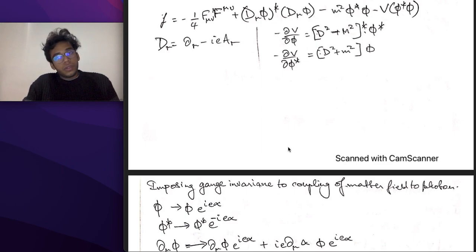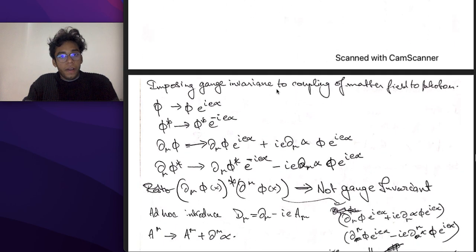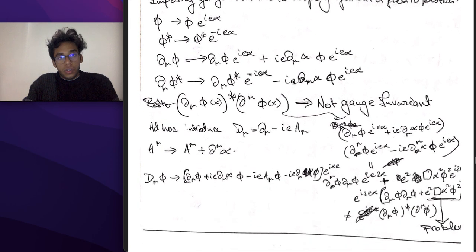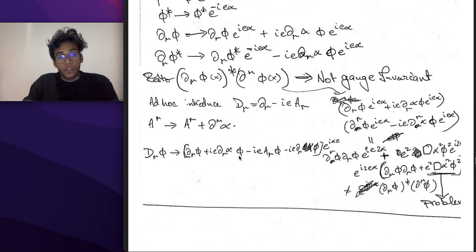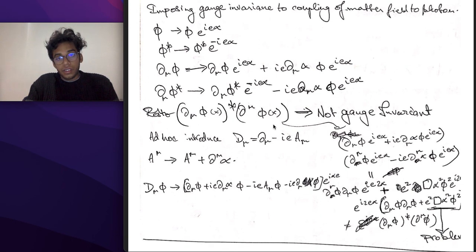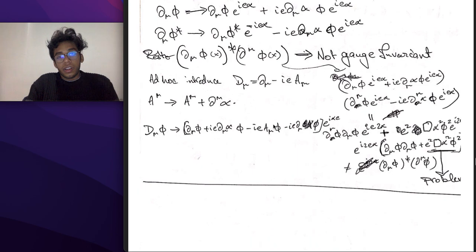So now what you do next is you impose gauge invariance to the coupling as well, and we want to check if the covariant derivatives and the currents are invariant.